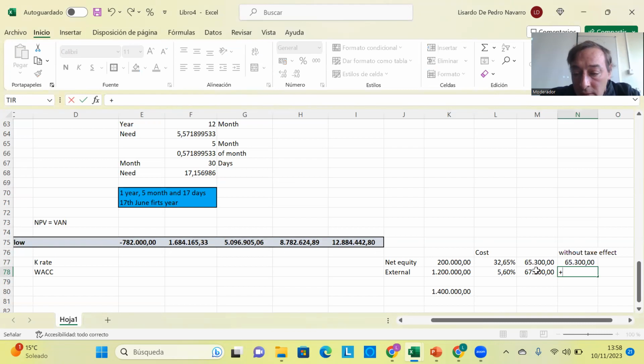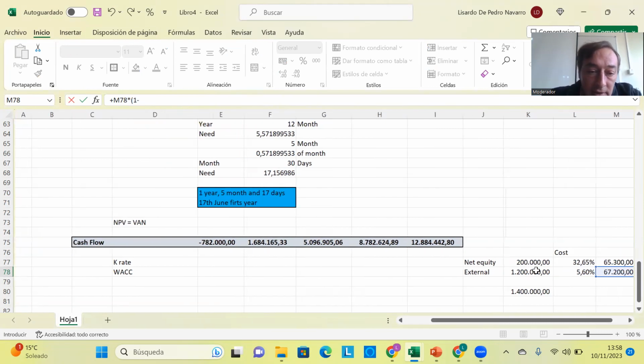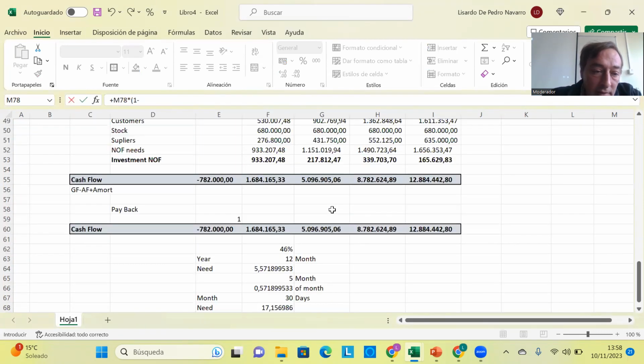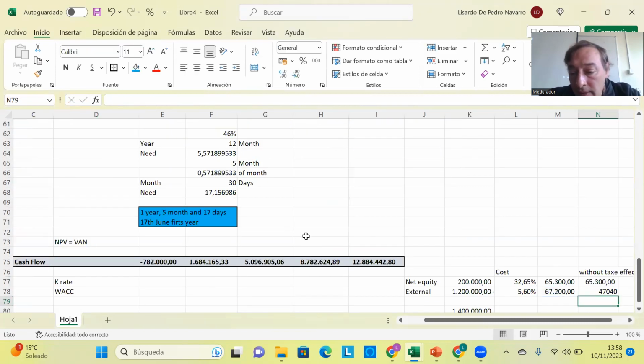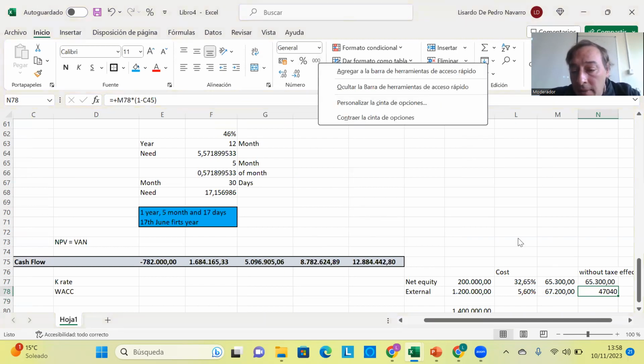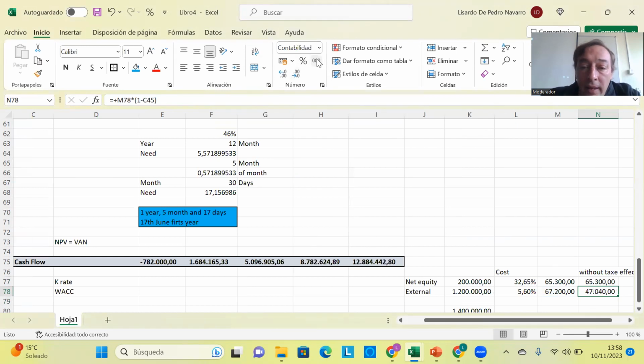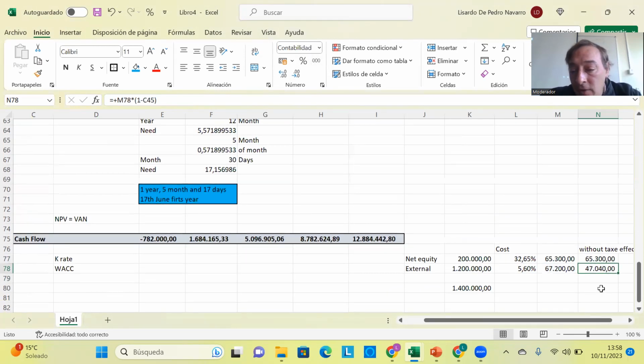And for this one, we have to multiply by one less taxes, that we have here, is 30%. So here is the cost of the external debt, but without the effect of taxes.